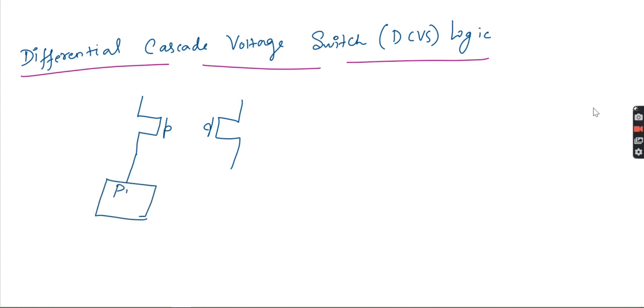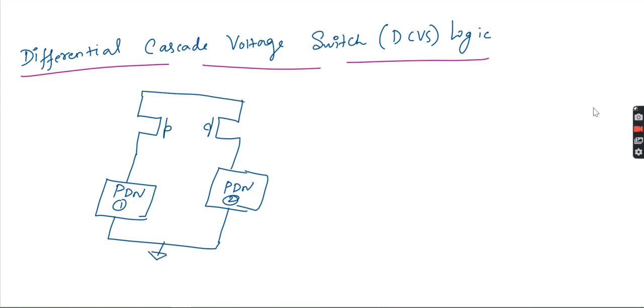Then here we have pull-down network 1, and here pull-down network 2. These two will be connected to VSS, and this will be connected to VDD. Then the connection will be like this.